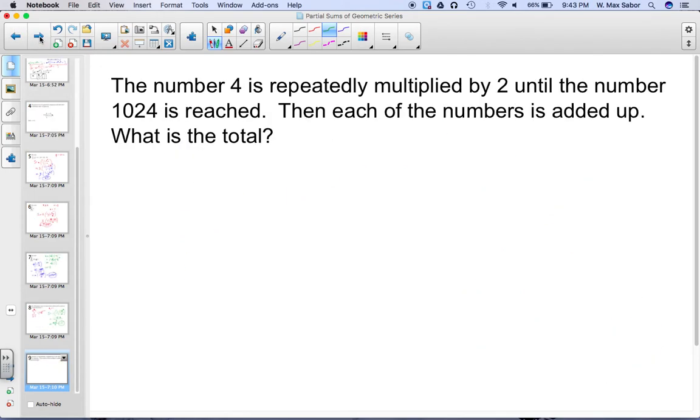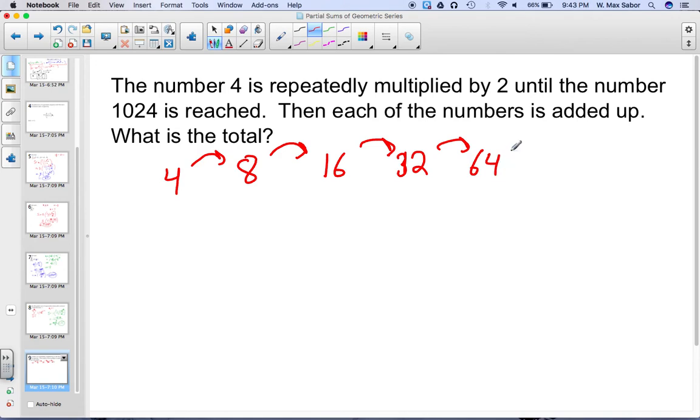Lastly, the number 4 is repeatedly multiplied by 2 until the number 1024 is reached. Then each of these numbers is added up. What is the total? So the interesting piece of information that's missing here is how many times are we multiplying by 2 to get to 1024? Now, there are a number of ways to do this.